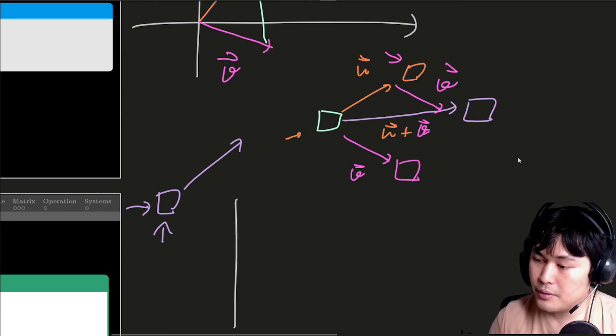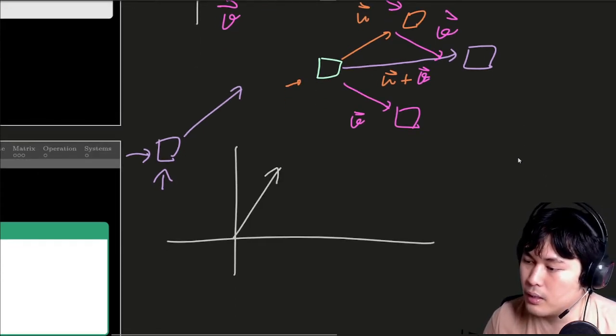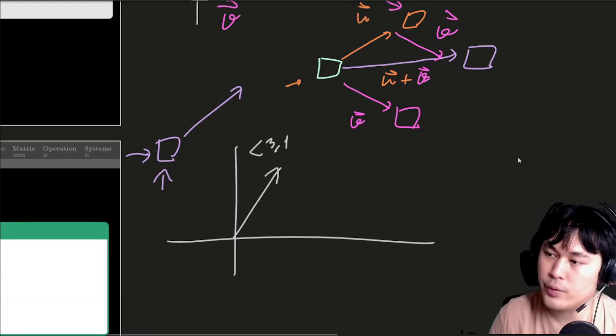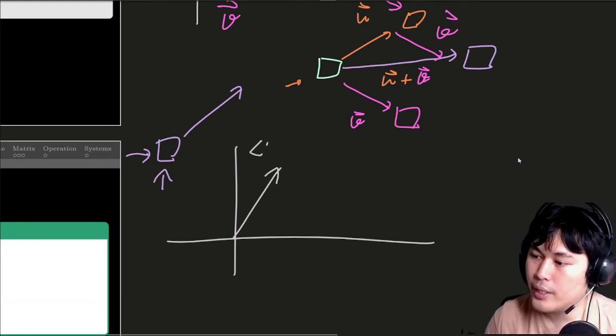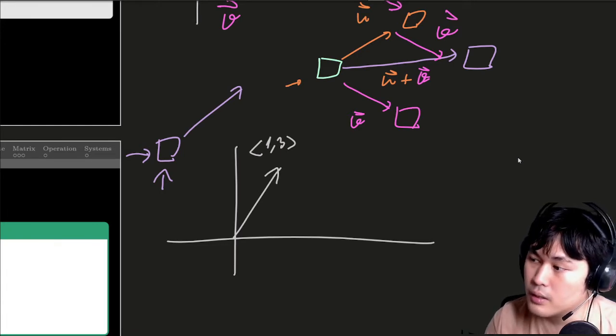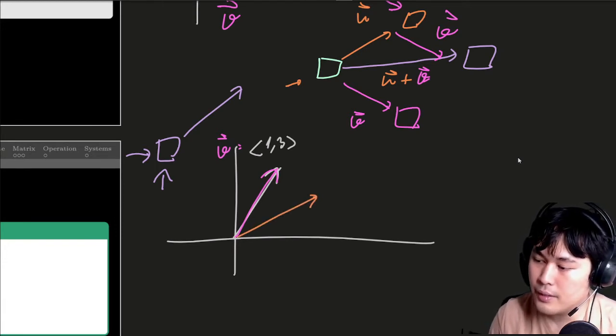So to give a discrete example, let's suppose you apply vector 1 and 3. Let's say that's a vector v. There's a pink one, and then you apply the vector u. Let's say that's 2, 2.